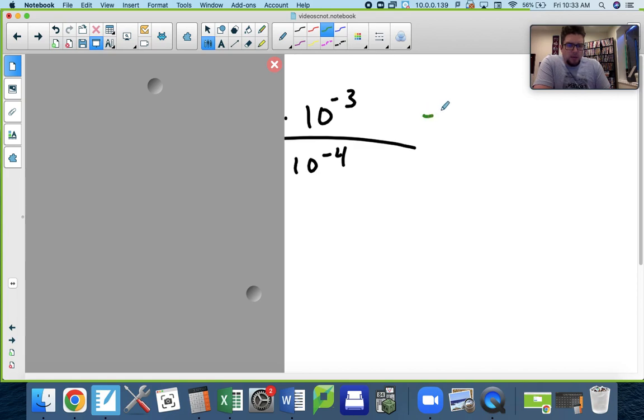So my top power is -3, and I'm going to subtract my bottom power, -4. Well, -3 minus a -4, these two minus signs actually combine and give us plus. So we're really taking -3 plus 4. Well, -3 plus 4 is 10 to the first. And that's our power of 10.